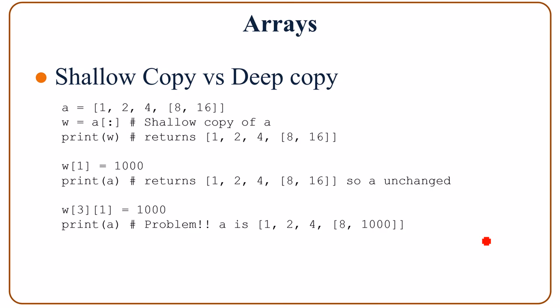Let's look at an example when we have a second level of depth. So a now is not a simple array, but an array of simple elements and also of arrays. The fourth element in the array a now is a subarray containing 8 and 16.